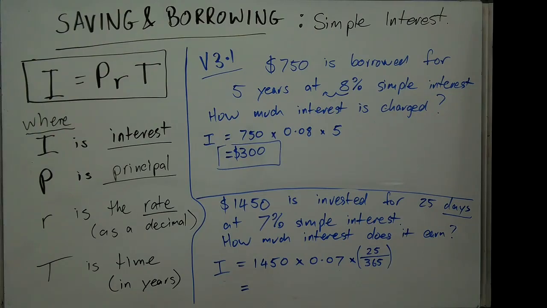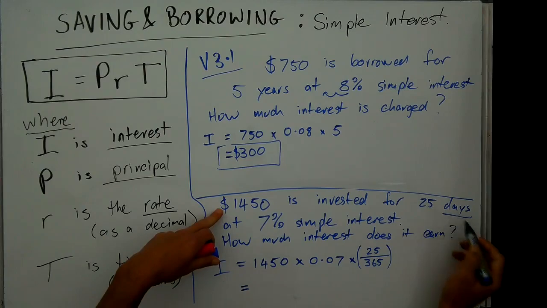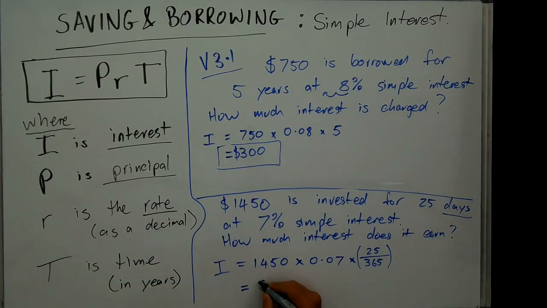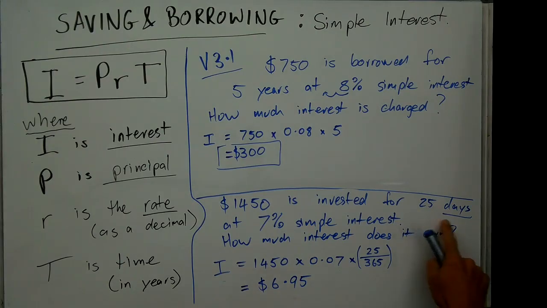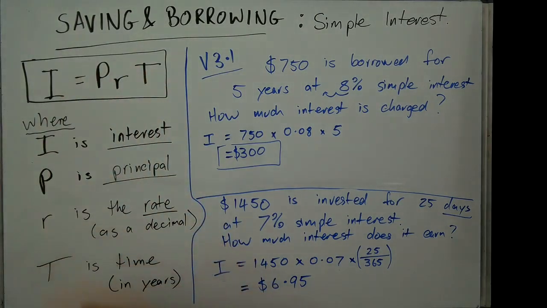Times 7, 5, and then I'm going to, so I pressed equals after that, and then I'm going to divide the total result by 365. So this investment for only 25 days earns $6.95. Not much, but it wasn't for very long. Okay, so that's how we use this.